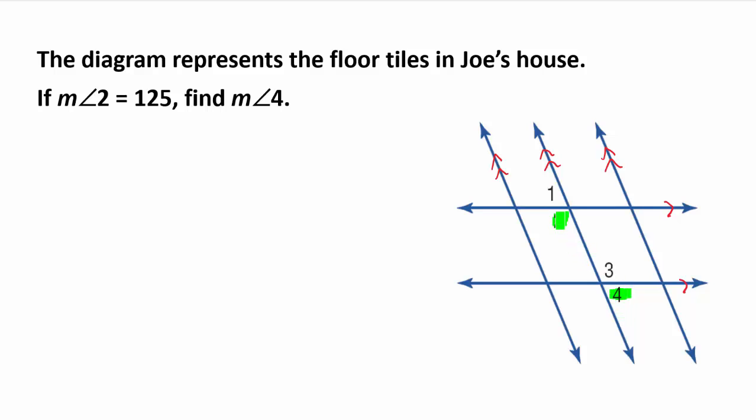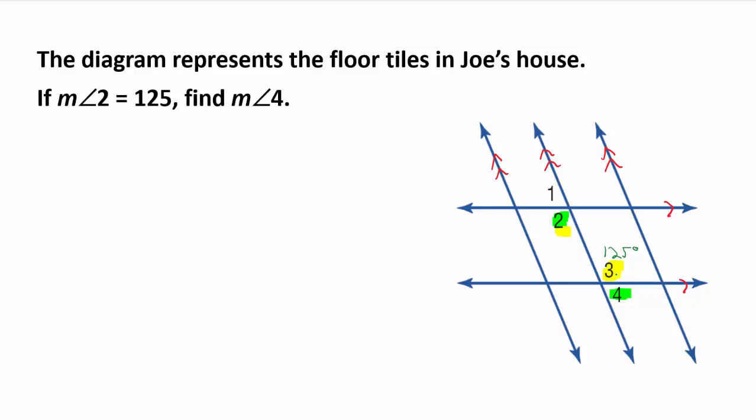But we do know angle 2 and angle 3 are going to be alternate interior angles like we did in the last problem. So angle 2 and angle 3 are going to be congruent to each other. Okay, so this 125, I'm going to go ahead and write 125 degrees here so you can see it. Now 3 and 4, what's the relationship between those two?